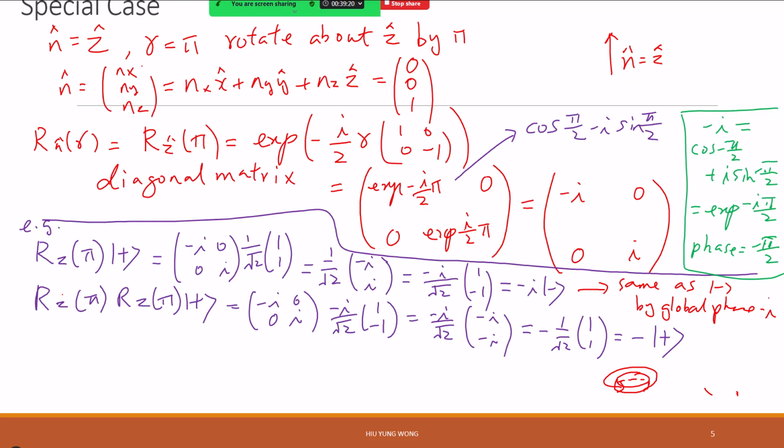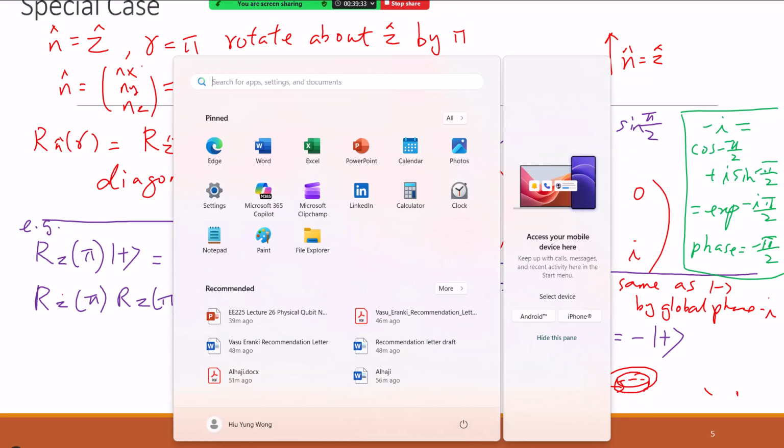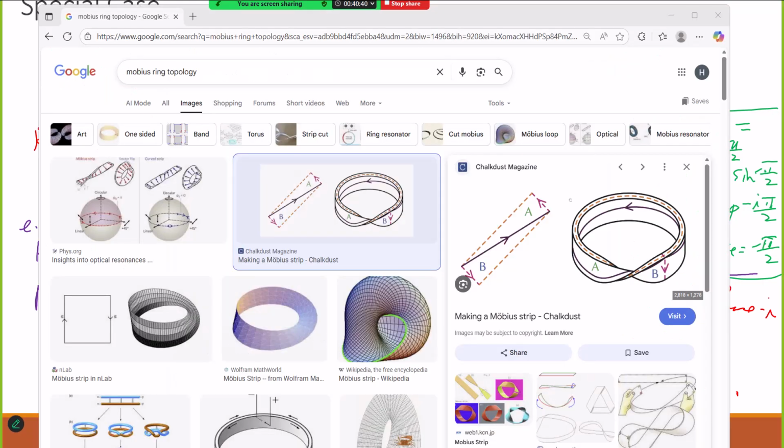Let me just Google and show you. Someone has a question? Just a ring with like a single twist turn. Exactly, the ring with a single twist. Thank you. Just hold on. Can you see it?